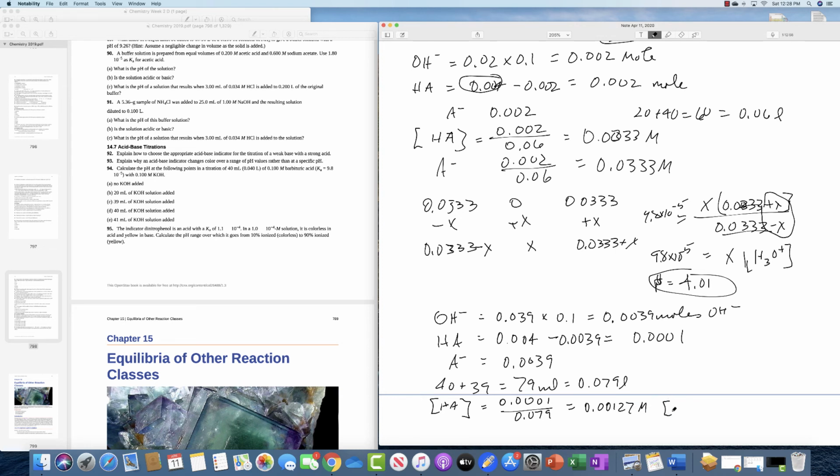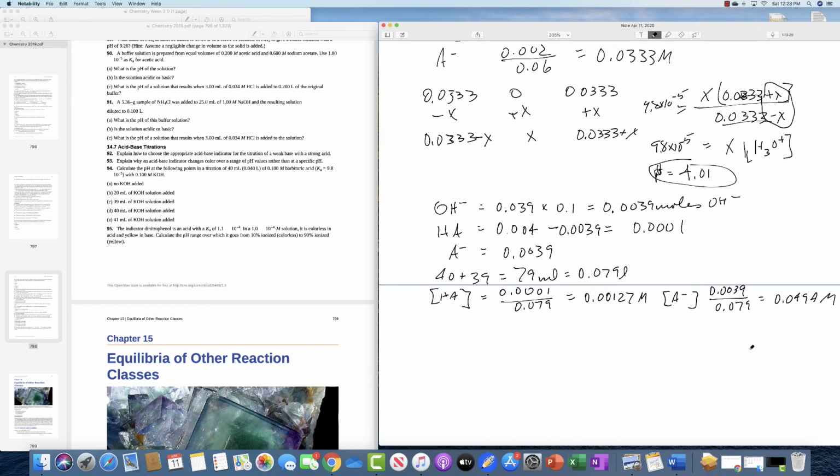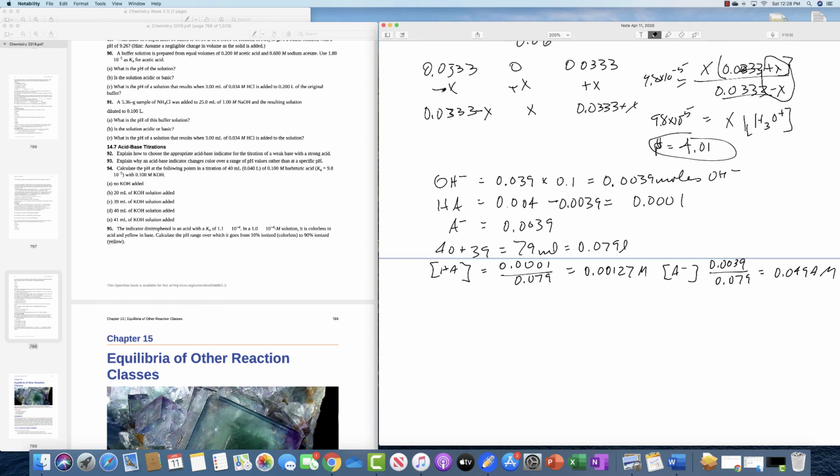The concentration of A is going to be 0.0039 divided by 0.079, and so now that's going to be 0.0494 molar. So these are your new concentrations. You put those in this again. So instead of this, you're going to have in the denominator, I'm going to put it here. Well, let's move it up here. But I want you to be able to see this.